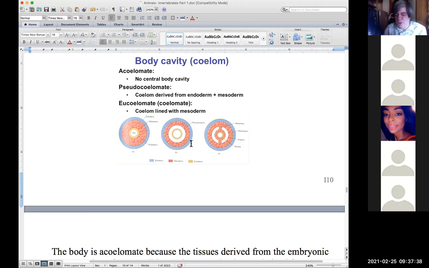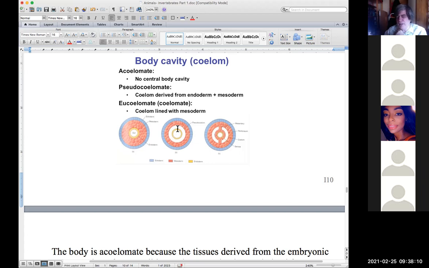First of all, if you push against the outer body wall, this blue, the coelom is going to absorb some of that force. The coelom is usually filled with water or fluid that's mostly water. So think about the swimming pool, if you've ever hit somebody underwater, your hand doesn't really move as fast underwater because the water slows it down. So here, the coelom provides some physical support to the body.